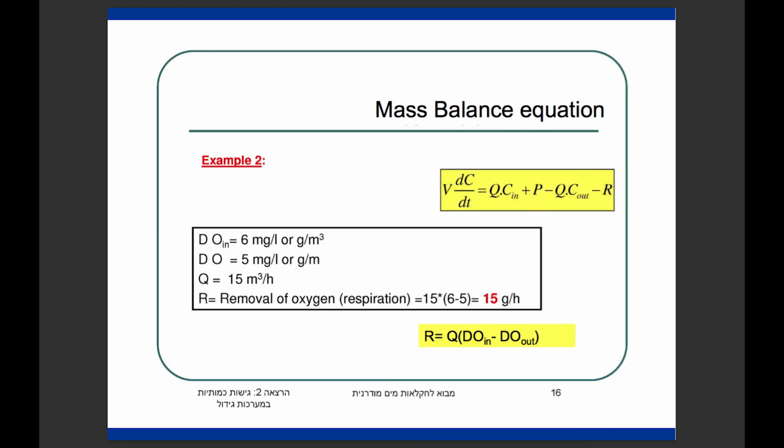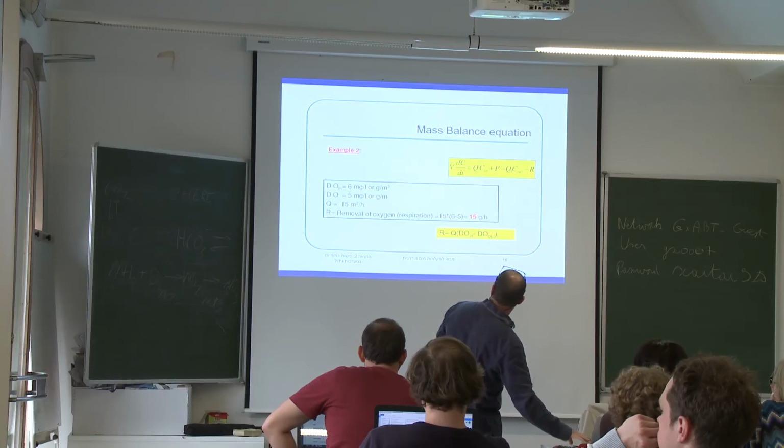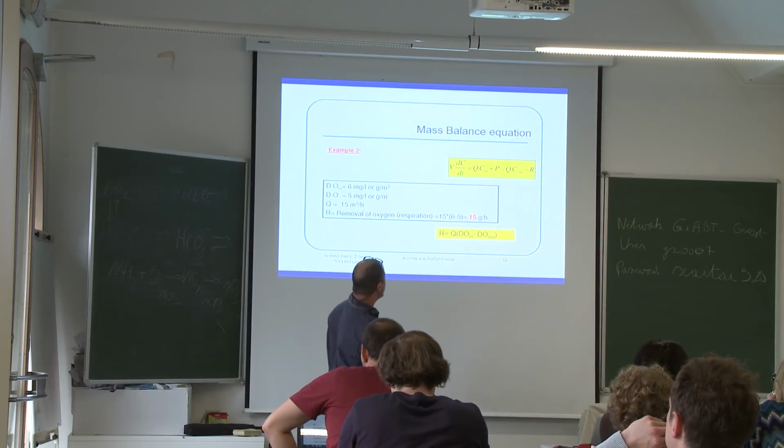And it goes on with a few such examples. In this case, we want to figure out what the removal rate would be. So instead of looking at the Q that we asked about here, we now want to look at the removal rate.